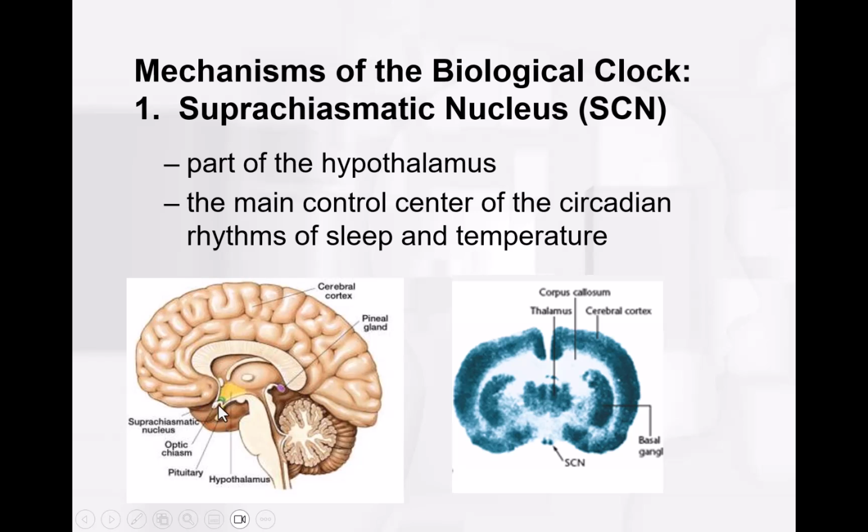And here we see the optic chiasm, and then they're going to cross over to the contralateral side of the cortex, going back here to the visual cortex. Now, the suprachiasmatic nucleus is named because supra meaning above the chiasm, and it's a nucleus meaning it's a group of cells that work together for a common function.